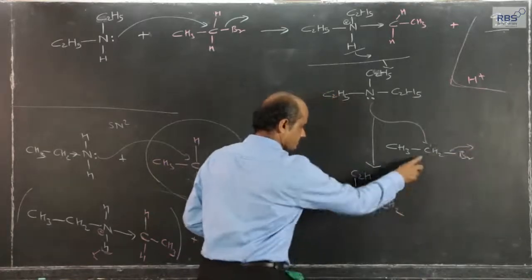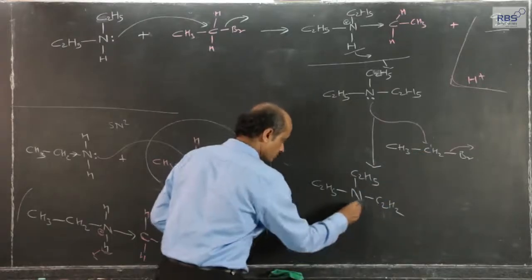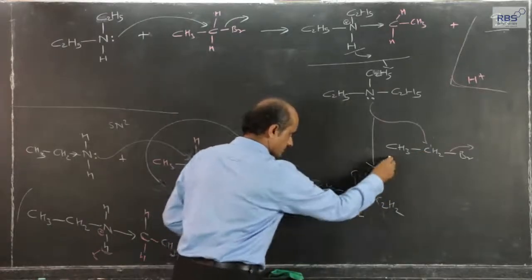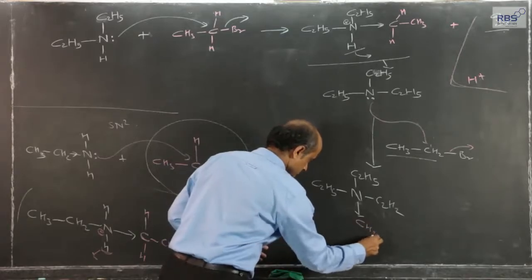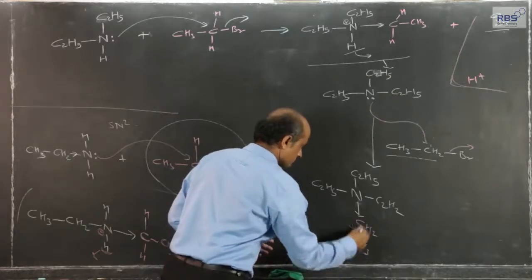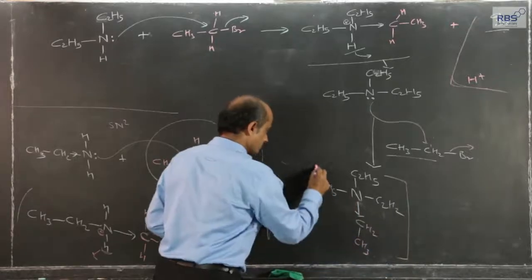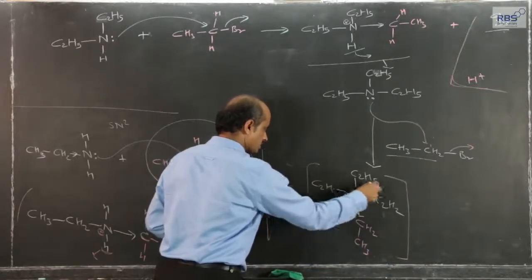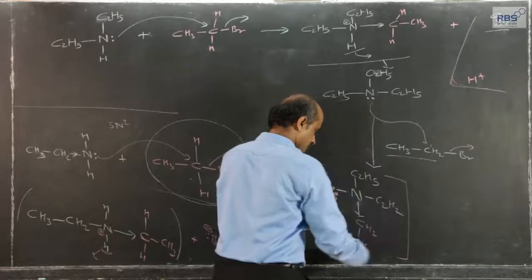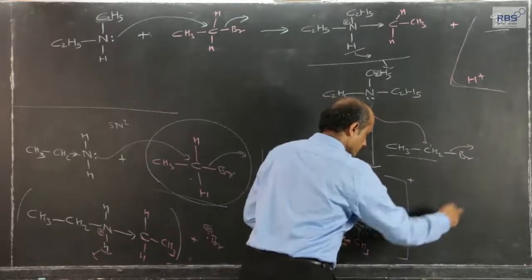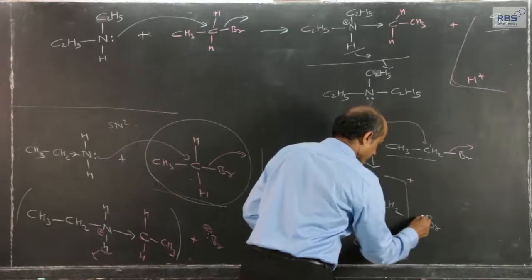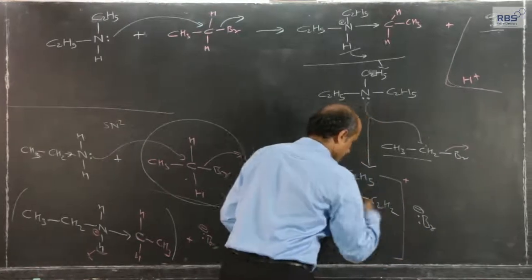Heterolysis of this, the empty orbital of this CH2, this ethyl group, I will use color. The positive charge of nitrogen becomes the positive charge of the entire species, and bromine, because of heterolysis, gets converted into bromide ion.